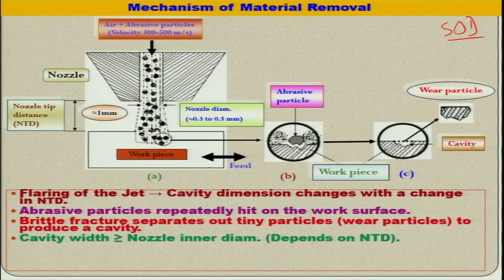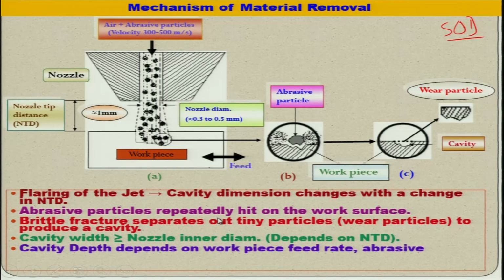Cavity width is always equal to or greater than the nozzle inner diameter. As you can see, this is the nozzle and this is the inner diameter of the nozzle. So, the cavity dimensions will be equal to or greater than this nozzle diameter, and it will be equal only when you have a very small standoff distance, otherwise it will be bigger than the inner diameter of the nozzle.